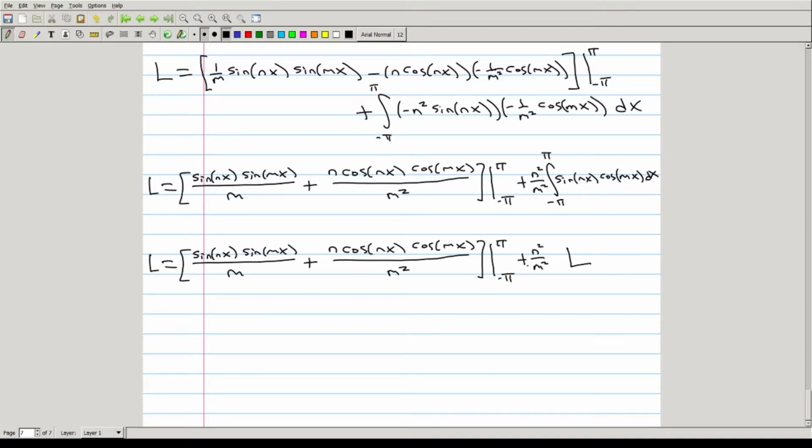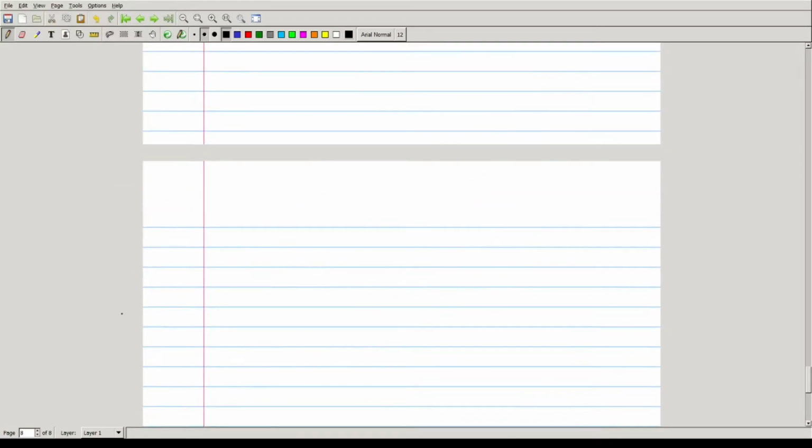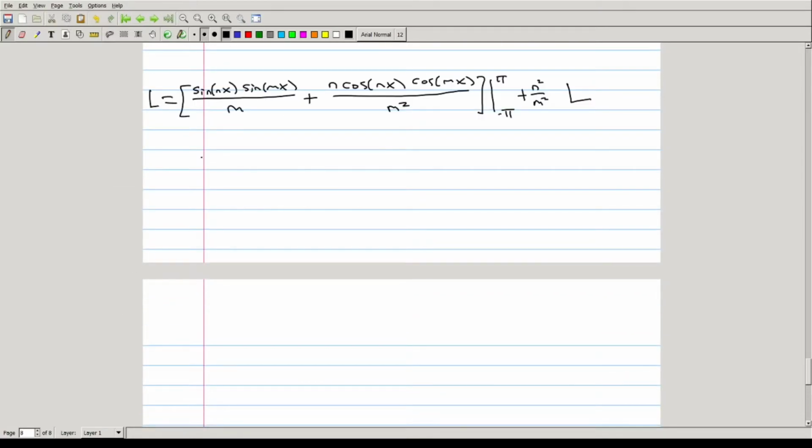And so if I subtract this term from both sides, I'm left with L times 1 minus n squared over m squared is equal to this.